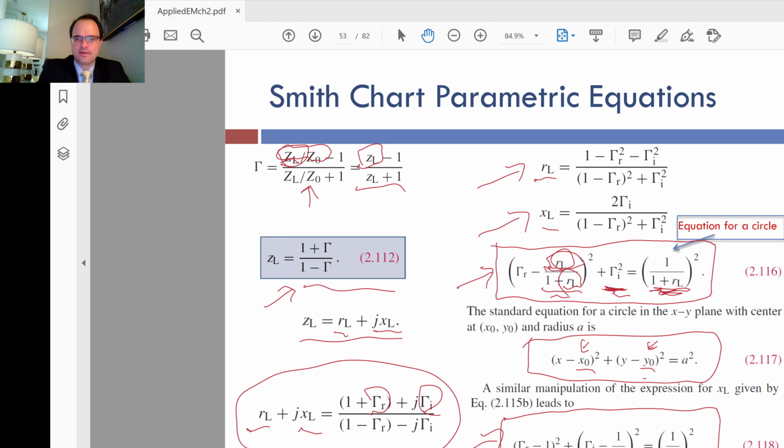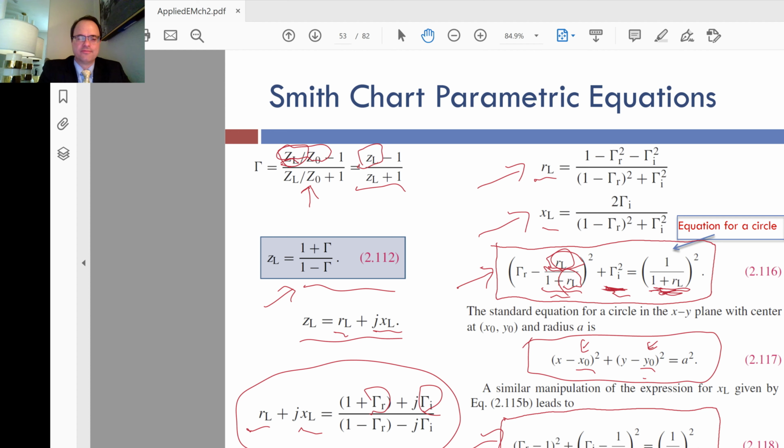For the RL family of curves, it was always centered about y naught equal to 0, whereas here, my y naught changes depending on what XL is. If XL is very small, say close to 0, then my y naught is very, very large, either positive or negative, depending on the sign of X sub L.